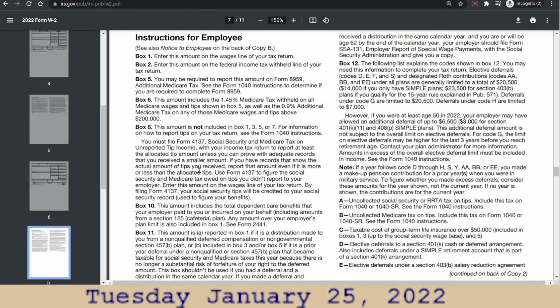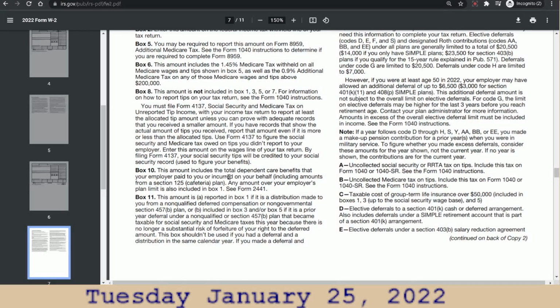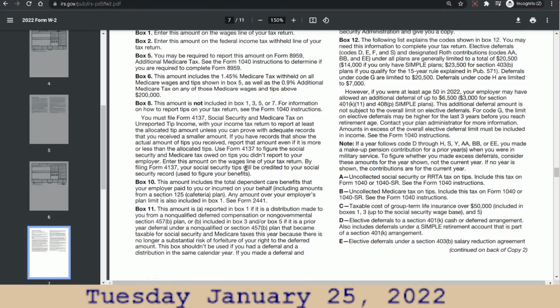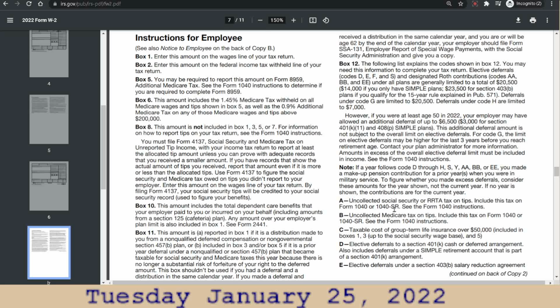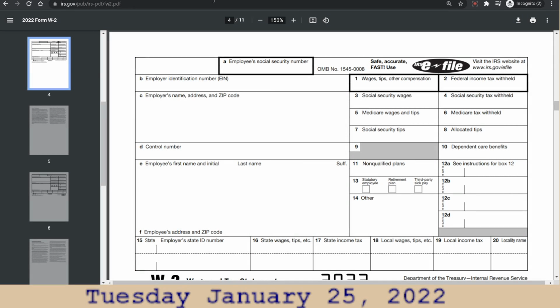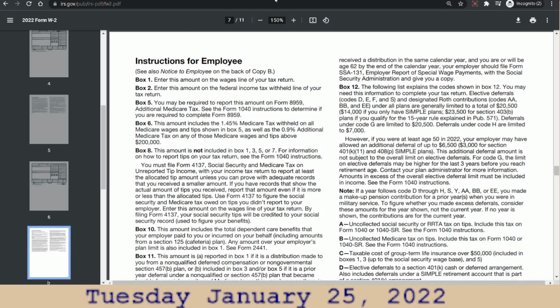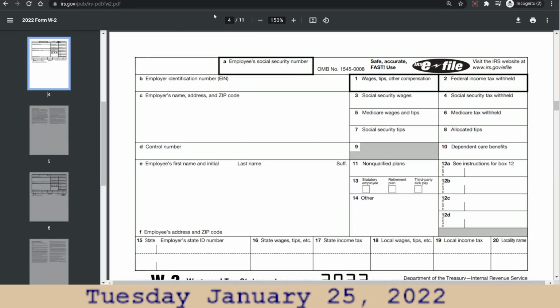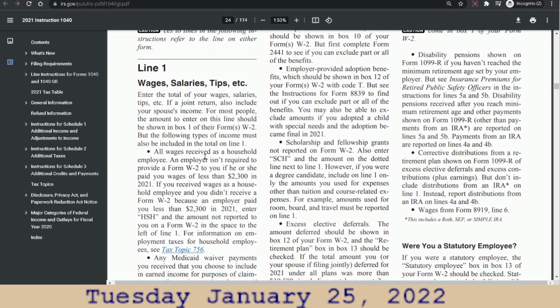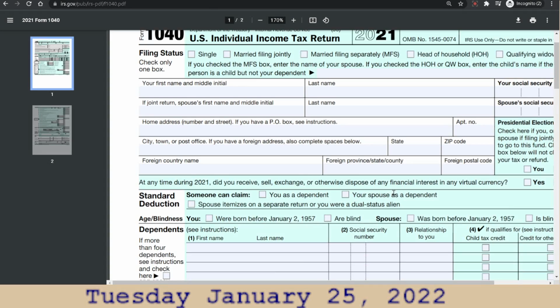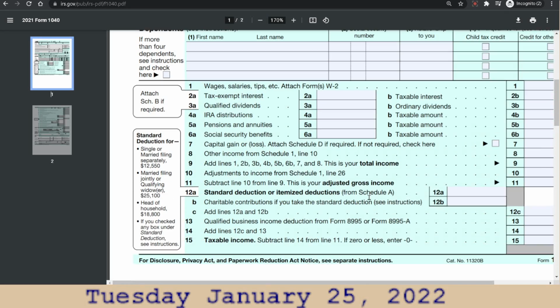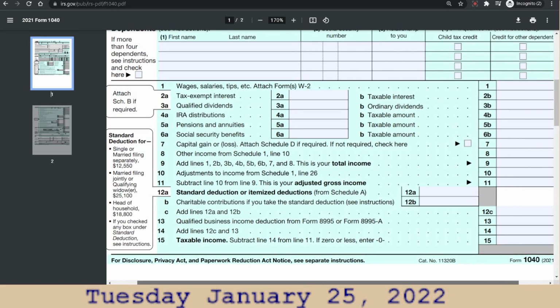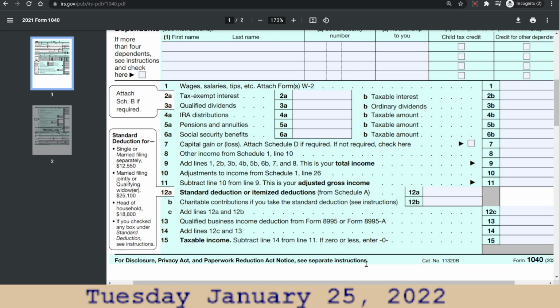But again, I cannot tell you any information about your specific circumstances. All I can do is show you what's on here and how it relates to this. I could try to show you how to read this, where it is on here, and then where it goes in here in order to relate to the different sections. That's most important. But that's why they charge as much as they do, because it's pretty complex.